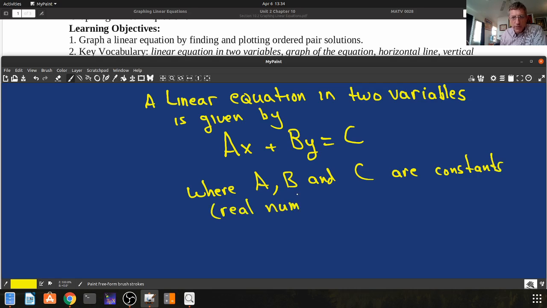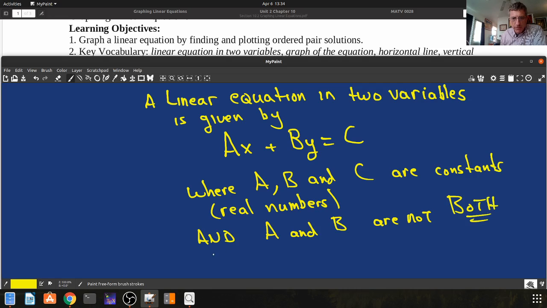But there's one other ingredient, and we have one more fact: a and b are not both 0.